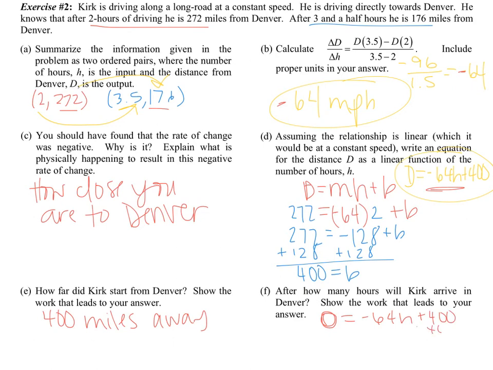So subtract 400 from both sides. And now I have negative 400 equals negative 64h. Divide everything by negative 64, and 400 divided by 64 says that it will take 6.25 hours to finally get to Denver.